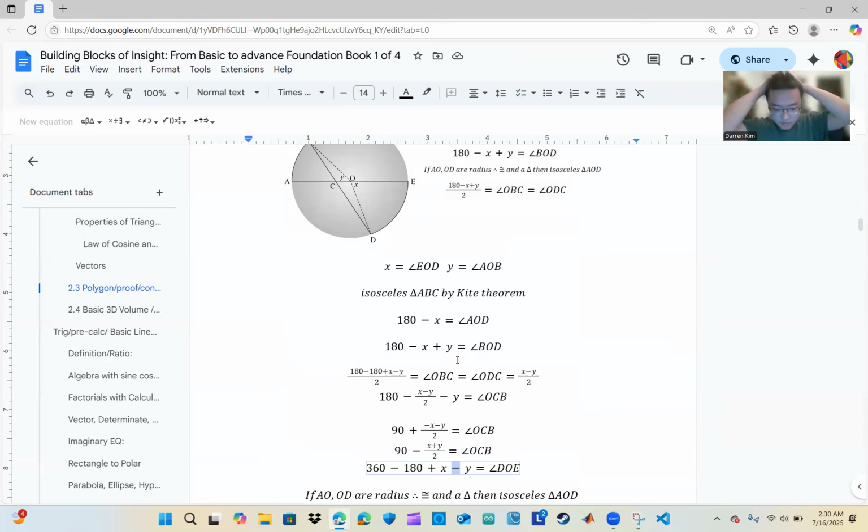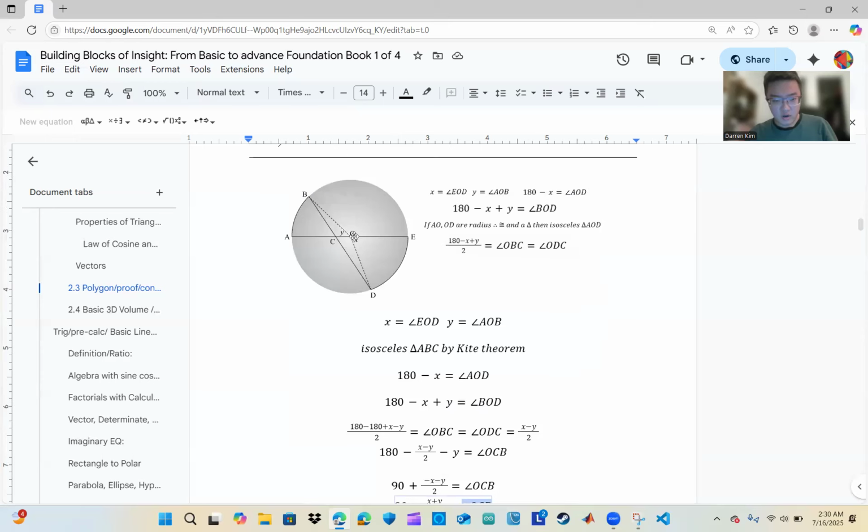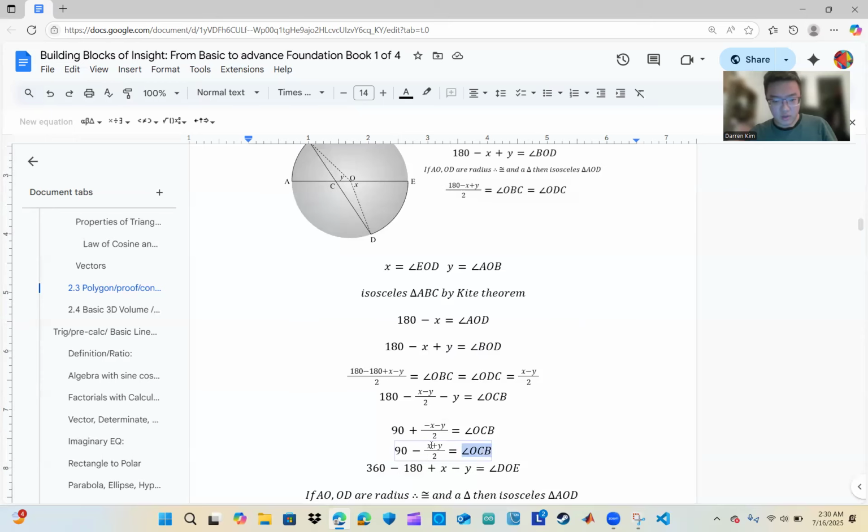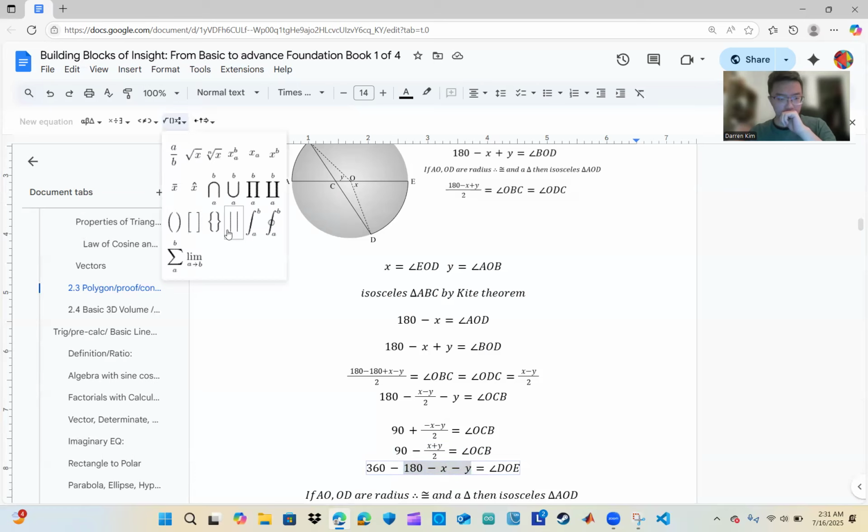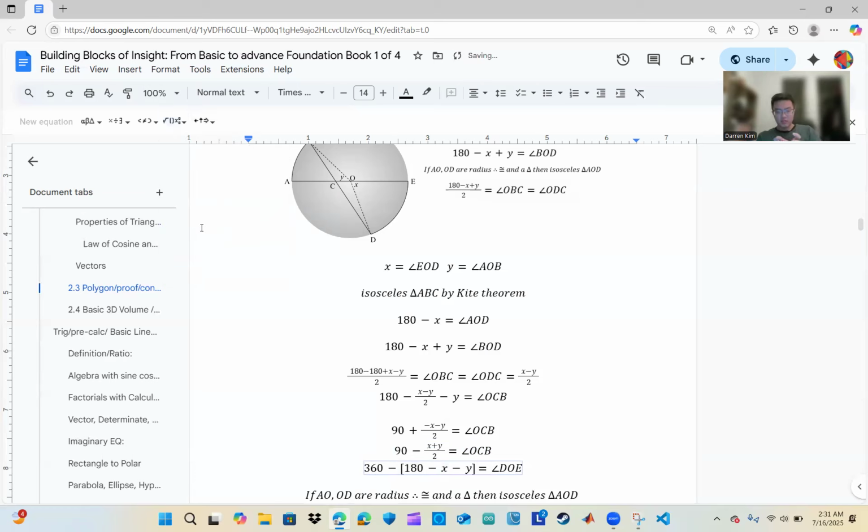What did I do wrong? So right now we're saying that OCB is solved, and we multiply that by 2 to get these two angles over here. So x plus y, excuse me, minus minus is this over here. Let me just bracket this for now. So that's what we have when we multiply that by 2. And then we do minus this.